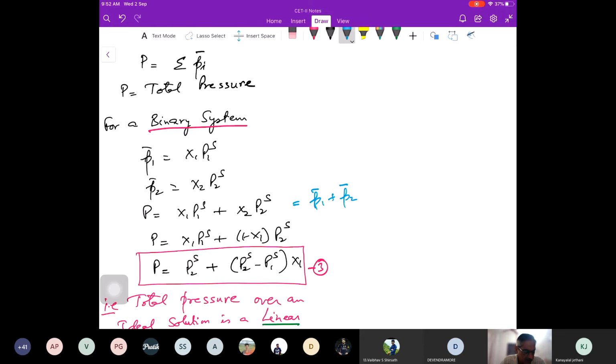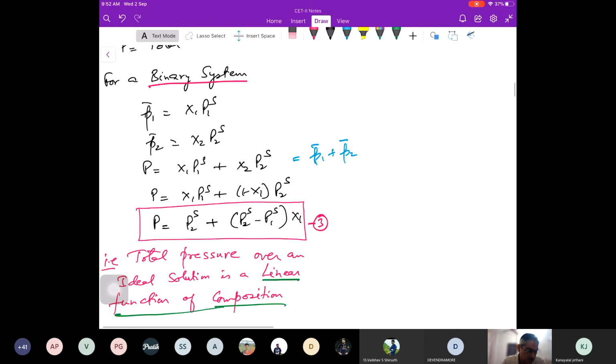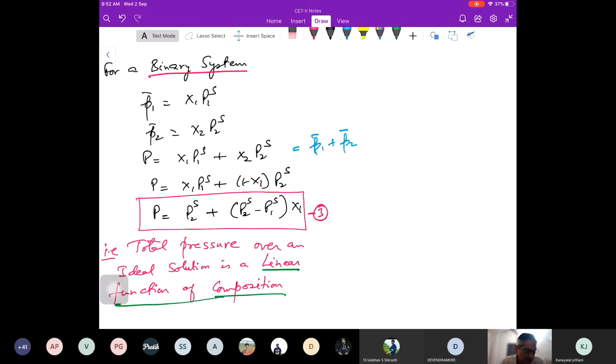And if we combine the x1 terms, we'll get P is equal to P2s plus (P1s minus P2s) into x1. So equation 3, any questions on equation 3? We're just adding the partial pressures of component 1 and component 2 to get total pressure.